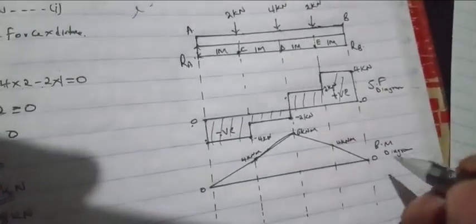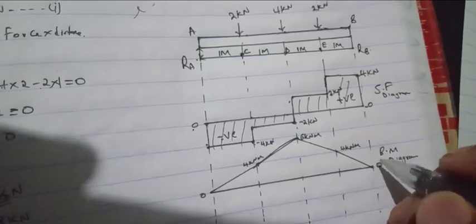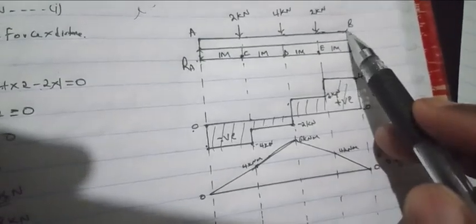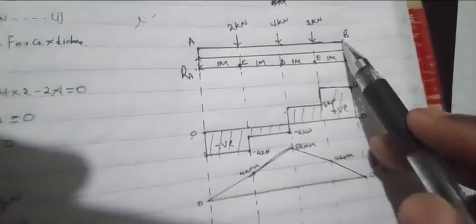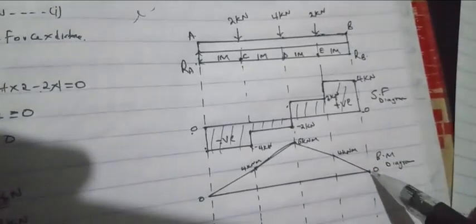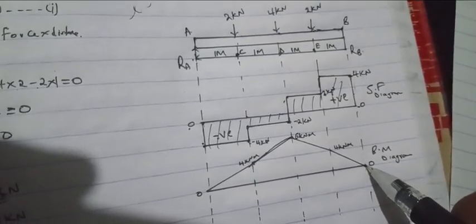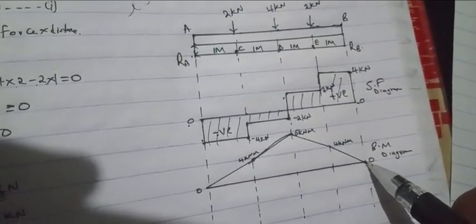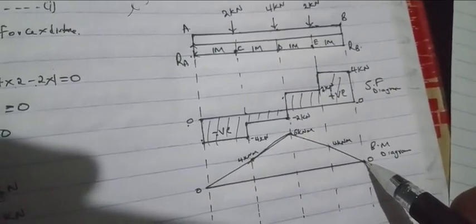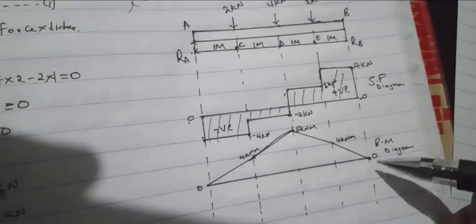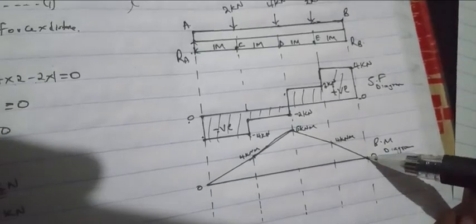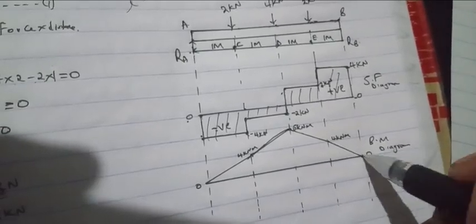For the bending moment diagram, at point B the bending moment was 0. We show this using an inclined line from here, at 0.